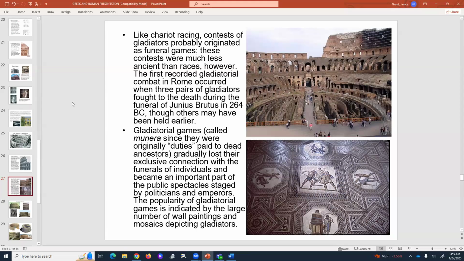So people entered from all different areas around it and just went right up to their seats, came back down. Now, with security and everything, we have to have less entrances, but that was a way to get people out quickly.